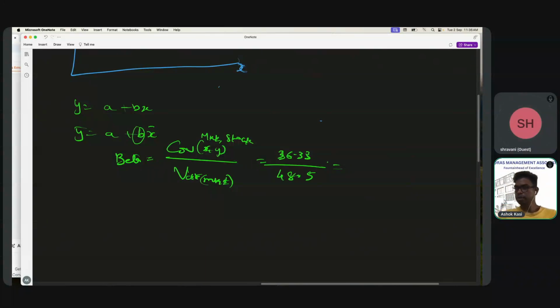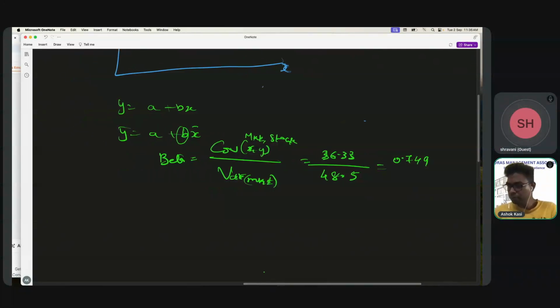Calculate this beta: 0.749. So we have got beta 0.749.